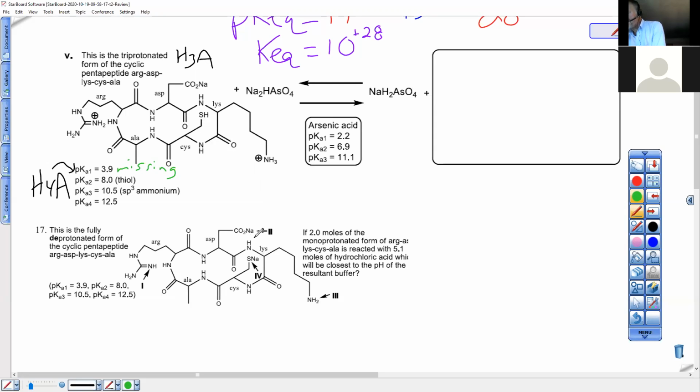So that tells us the first H to come off was this one. This is fully deprotonated. This is with only one missing. There's your 3.9. So if that H was there, that would be the 3.9. Right there, where it says ASP. And then the rest of your molecule. So that's what we get from that tip.